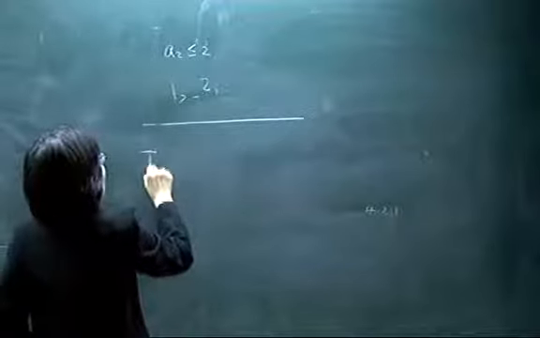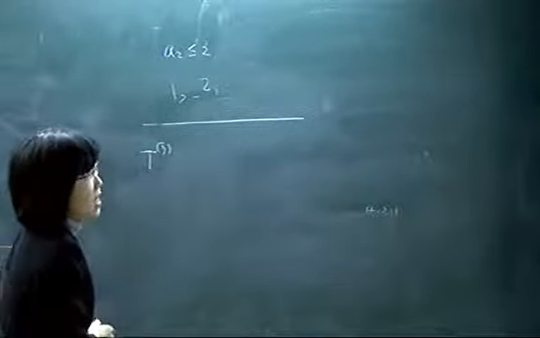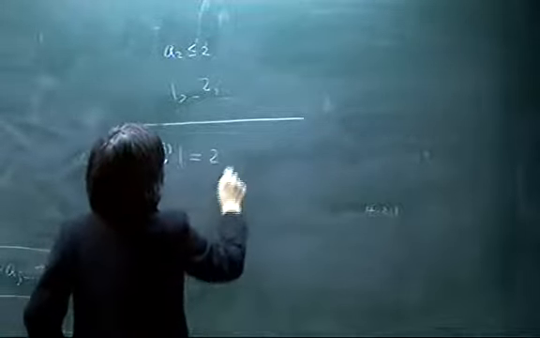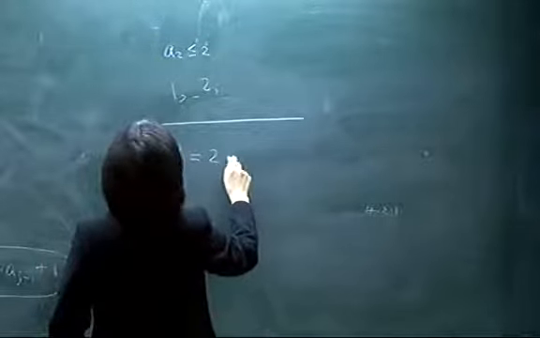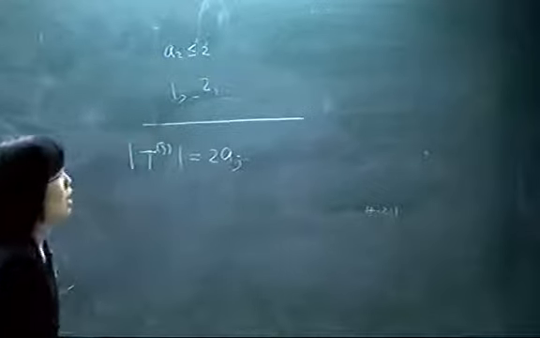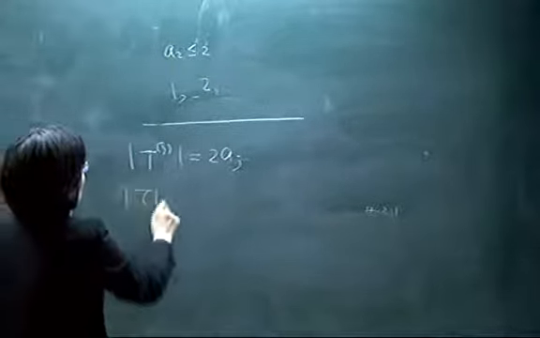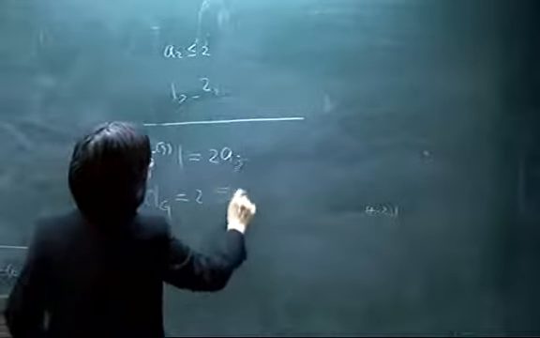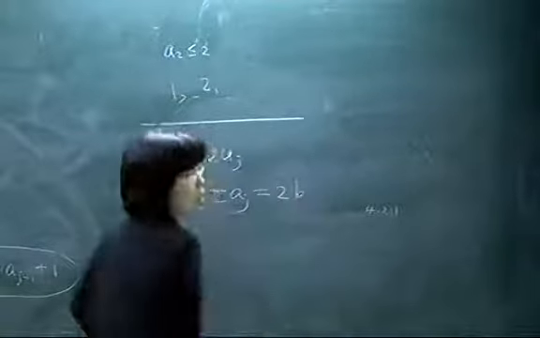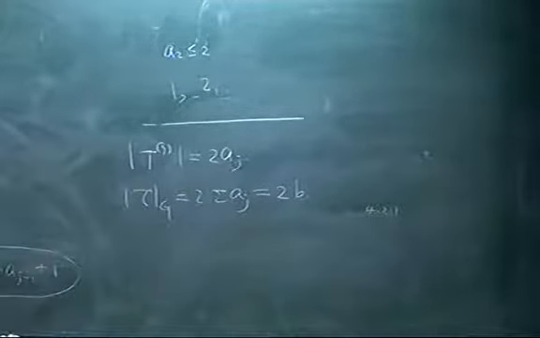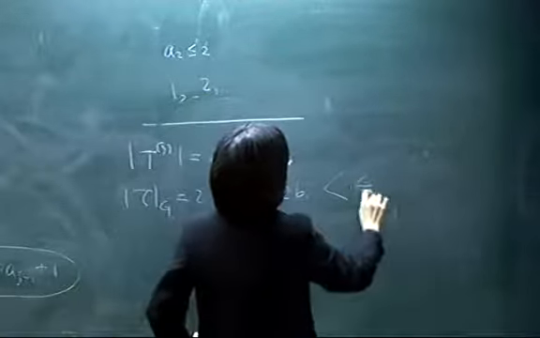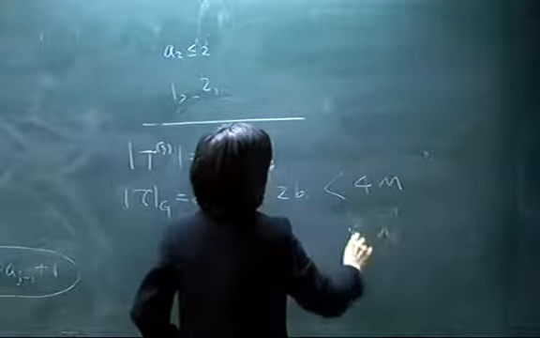So let's say the TJs are all even components, so then their order is like 2A1, up to 2AJ. And then tau G is like 2 times the sum of AJ. So you can say that this is 2 times B. And then 2B is less than 4 times M. So it is the same as this condition.